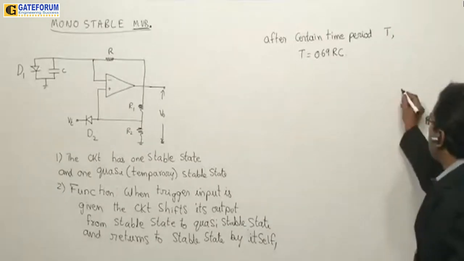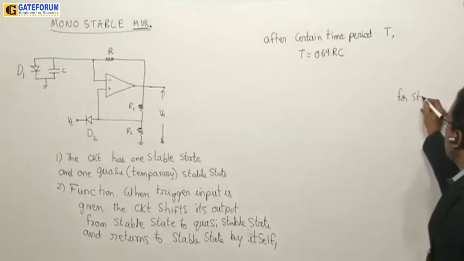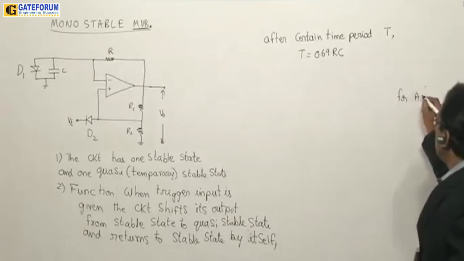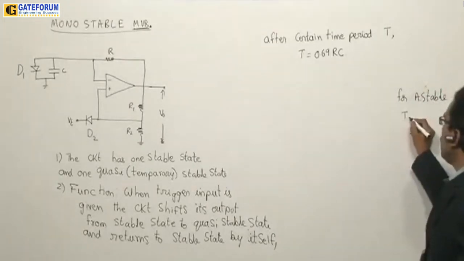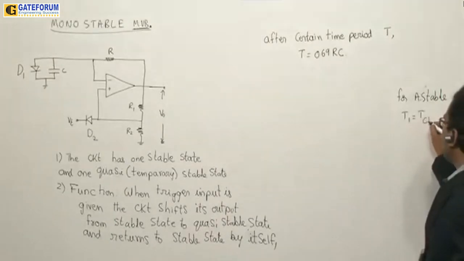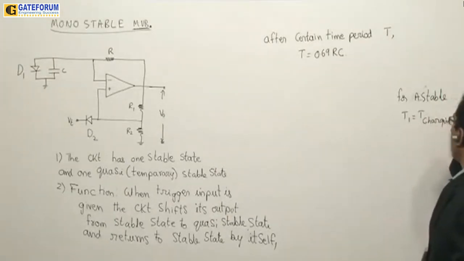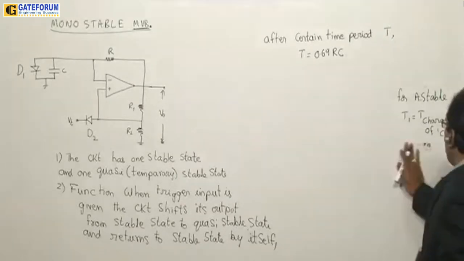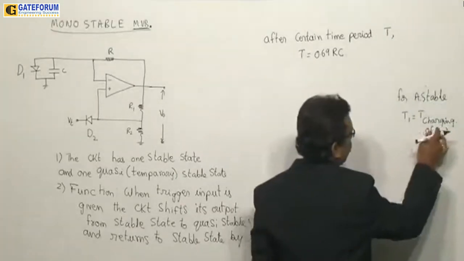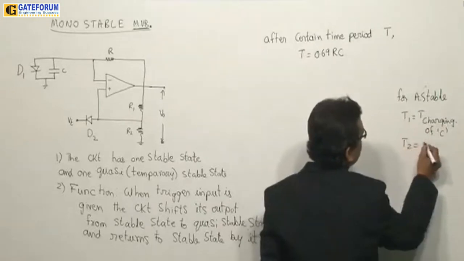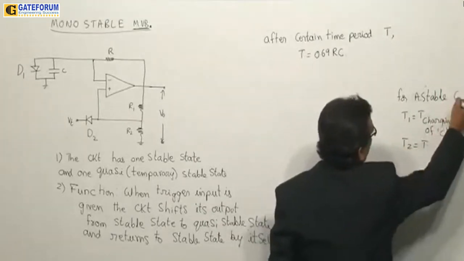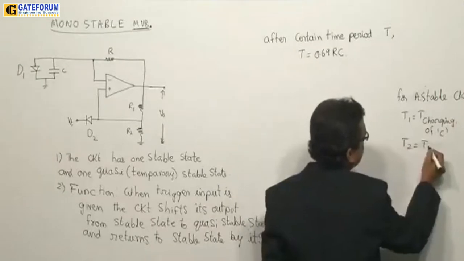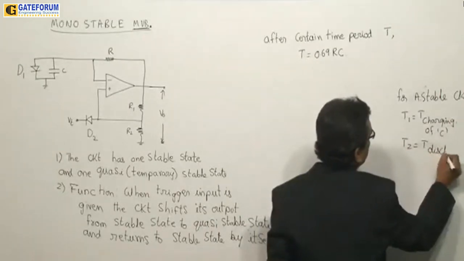Now you can understand for astable, yesterday what we have seen, for astable what we have seen, T1 is equal to charging of capacitor, which is given by 0.69 RC. T2 is equal to, okay, for astable circuit, observe, T2 is equal to discharging of capacitor.